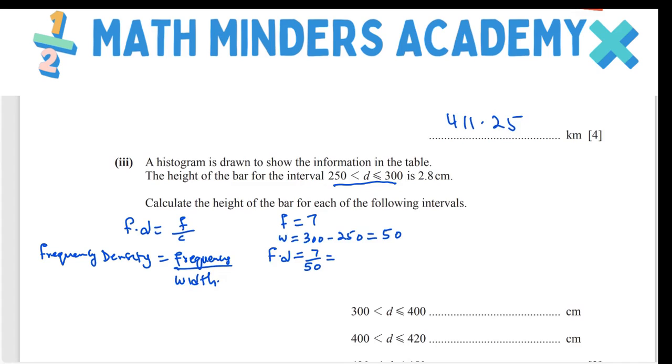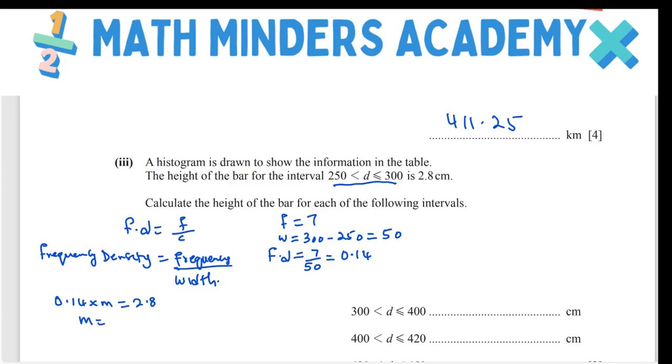And 7 over 50 is 0.14. But here, 0.14 has been scaled to 2.8. That means 0.14 multiplied by a particular value is going to give us 2.8.